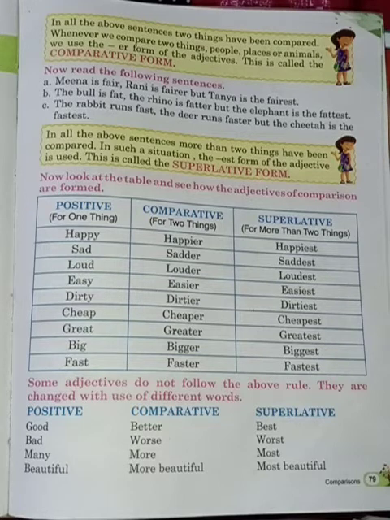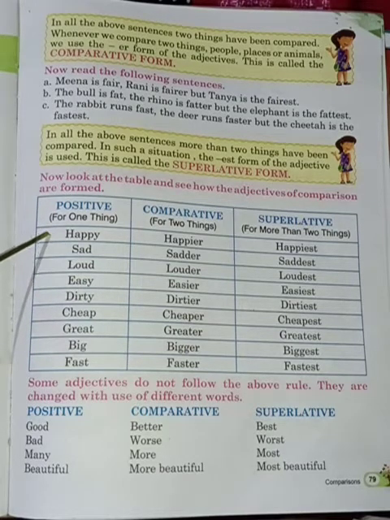So students, I have completed introducing you to the words positive, comparative and superlative. So now we will see the table, how the words are given. So first, in positive, happy.